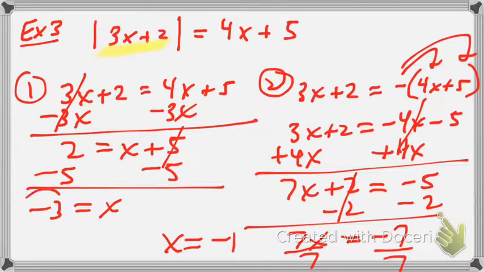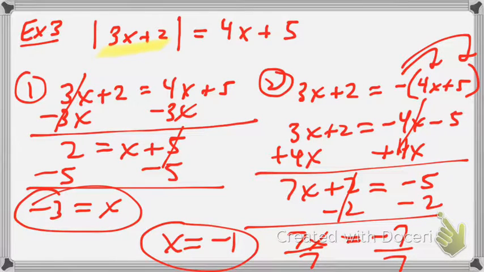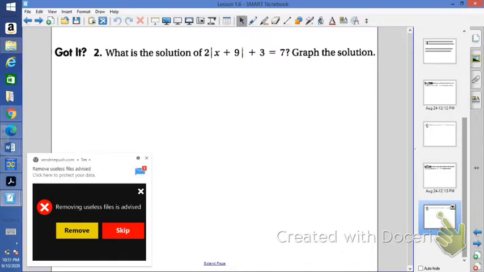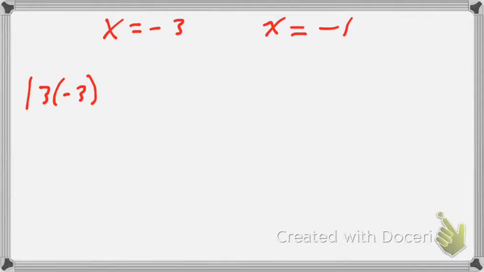Alright, now check for extraneous. So let's see if these are solutions. So we have x equals negative 3 and x equals negative 1. Alright, so let's rewrite on another page. So the absolute value of 3 times negative 3, I'm plugging back into the original.